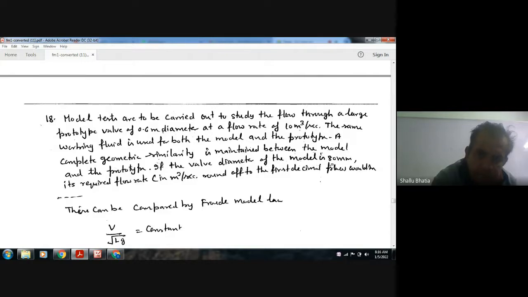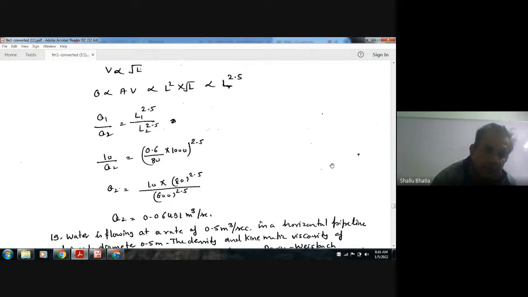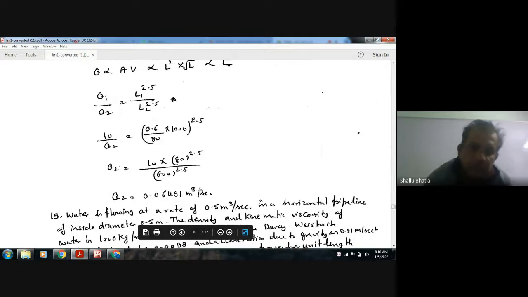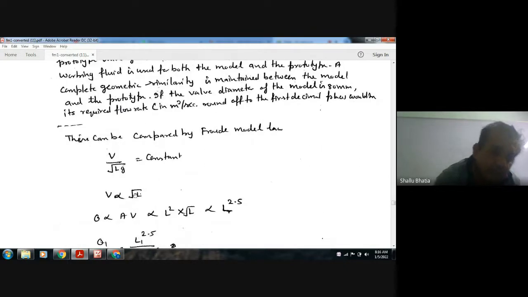Putting these values we can find Q2 as 0.064913. So here, by using the Froude model, first we have derived the dependence of discharge on length, and we have the length ratio.